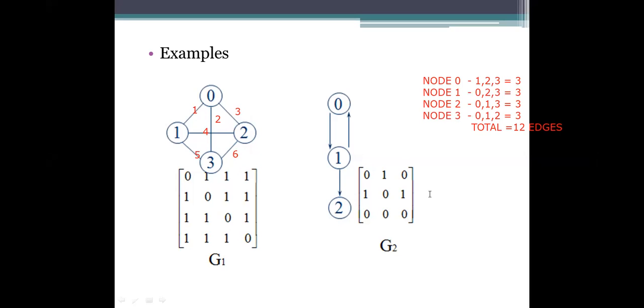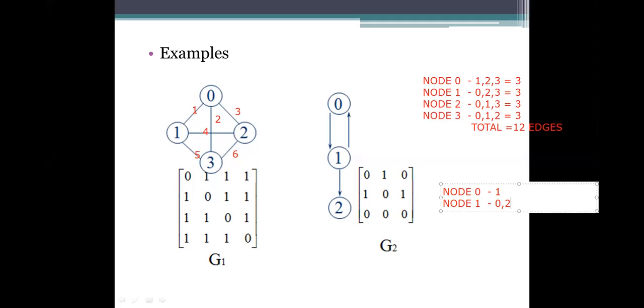And coming to this diagrammatical representation, how many edges are there? The nodes we are having: node 0, to which is it connected? It is connected to node 1 only. And coming to the next one, node 1, to which is it connected? It is connected to 0, comma 2.